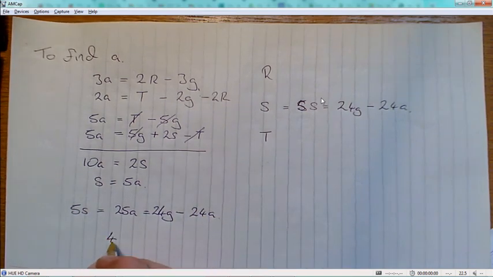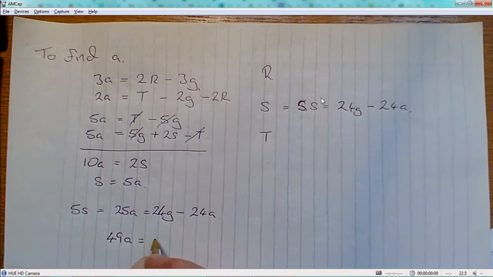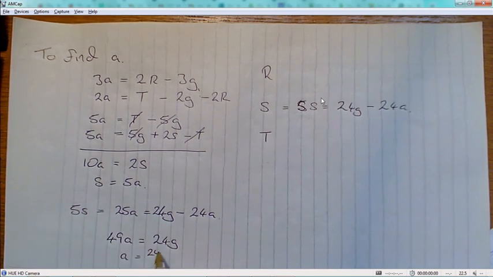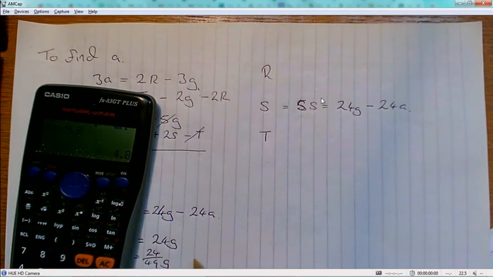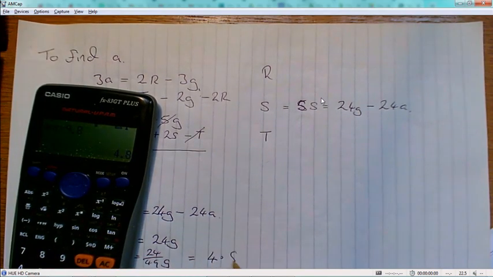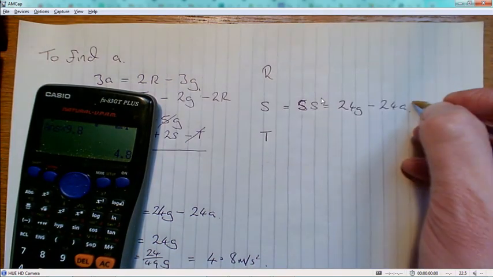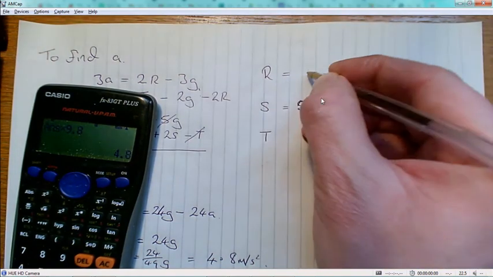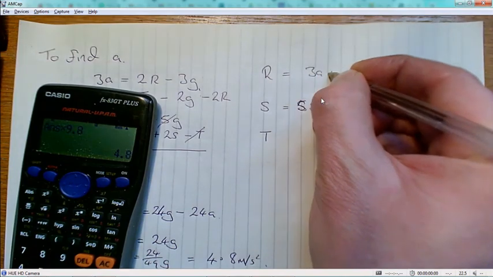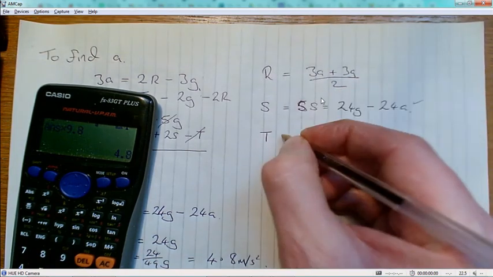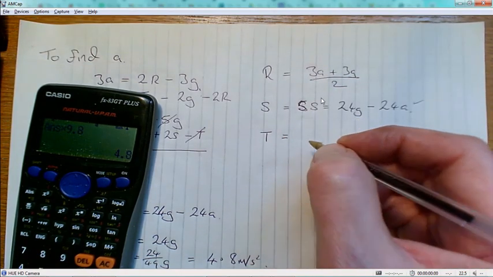Rearrange that to say 49A is equal to 24G. A is equal to 24 over 49 G. So that's equal to 4.8 meters per second squared. You use that then in here to figure out the R, which was 3A plus 3G all over 2.